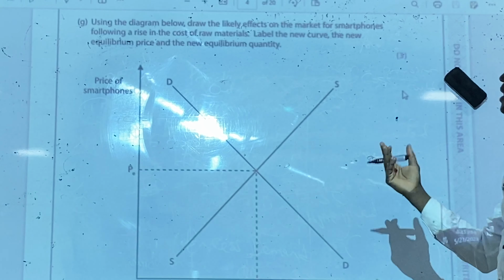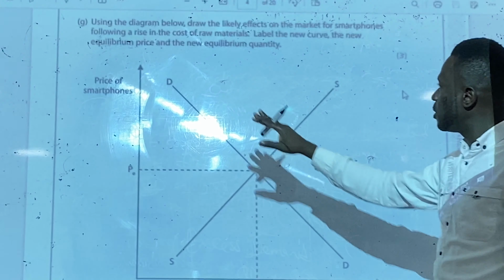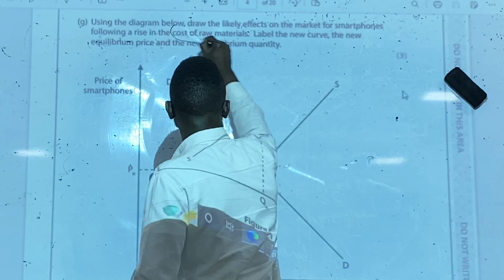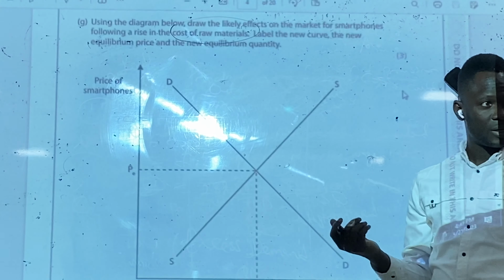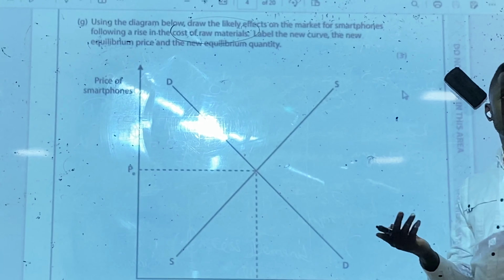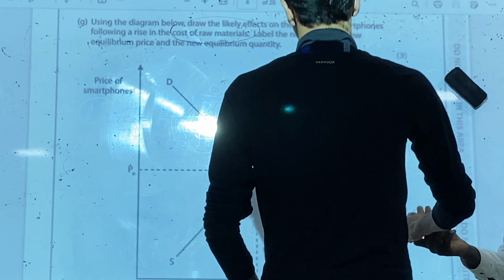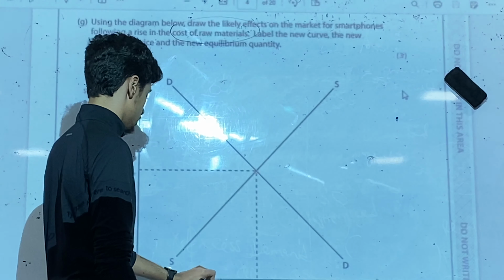Let me say, using the diagram, draw the likely effects on the market for smartphones following the rise in the cost of raw materials. Quantity is here, Q1.